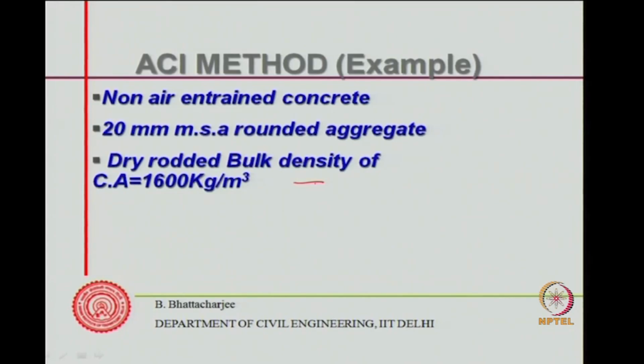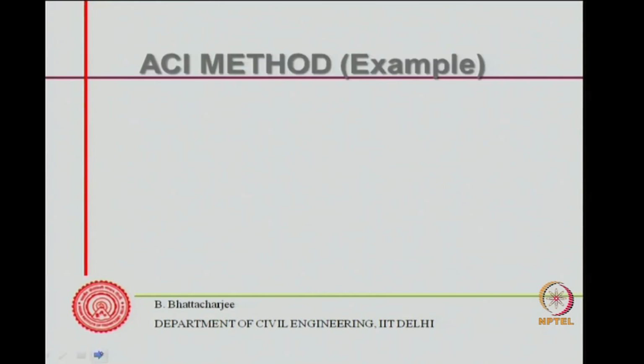You pack the aggregate in 3 layers in a standard manner, measure the container volume by water displacement method, then measure the mass of the aggregate in the container. Since you know the volume and mass, you can find the dry rodded bulk density, which is, as an example, 1600 kg per meter cube. Specific gravity of the coarse aggregate is also taken as 2.7.